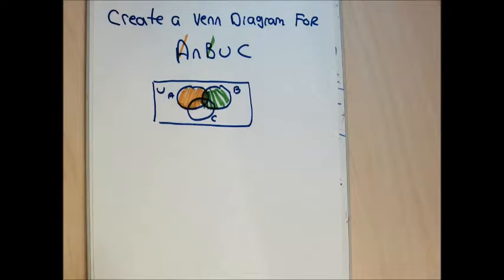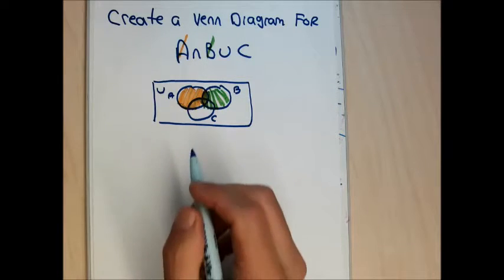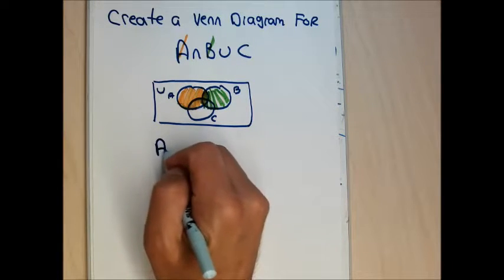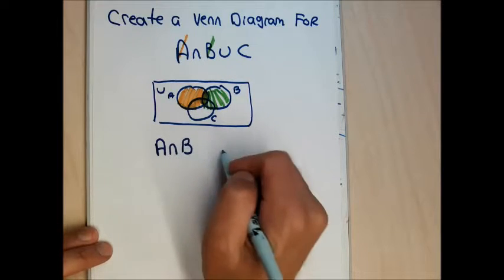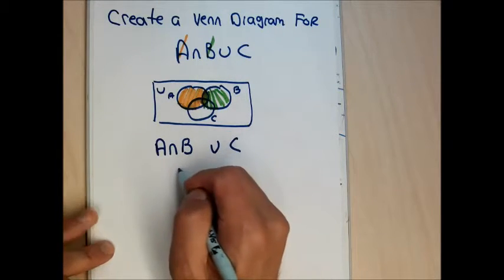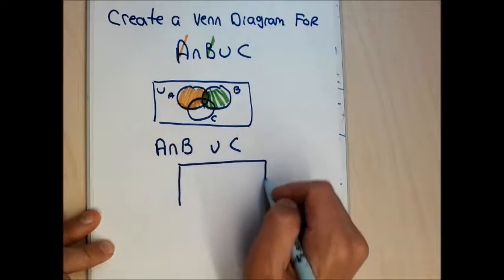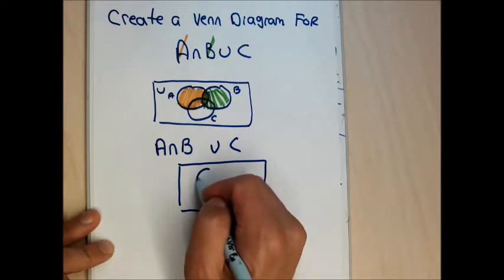The picture that I need for A intersection B would be where the shading that I just did, where the shadings overlap.